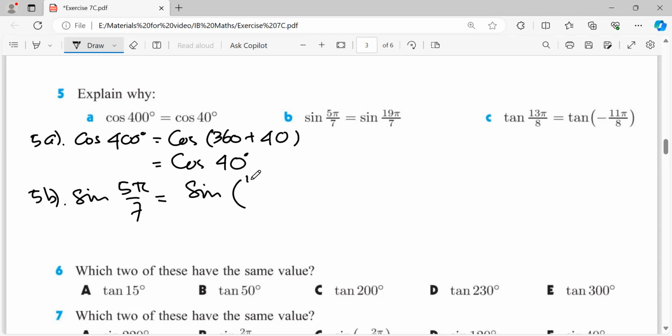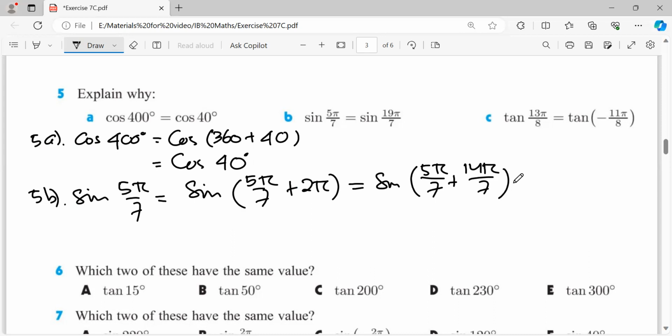While sine 5 pi over 7 equals sine of 5 pi over 7 plus 2 pi. It's going to be sine of 5 pi over 7 plus 2 times 7, 14 pi, so it's going to be 19 pi over 7.